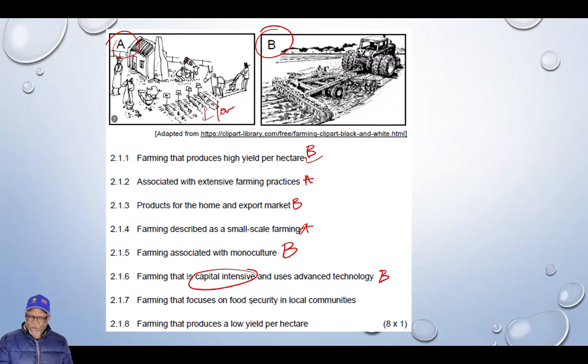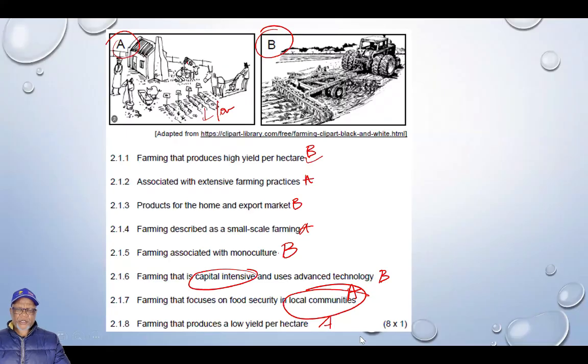Farming that focuses on food security in a local community will be A. Farming that produces a low yield per hectare will still be A. So those are the short questions you can expect on farming.